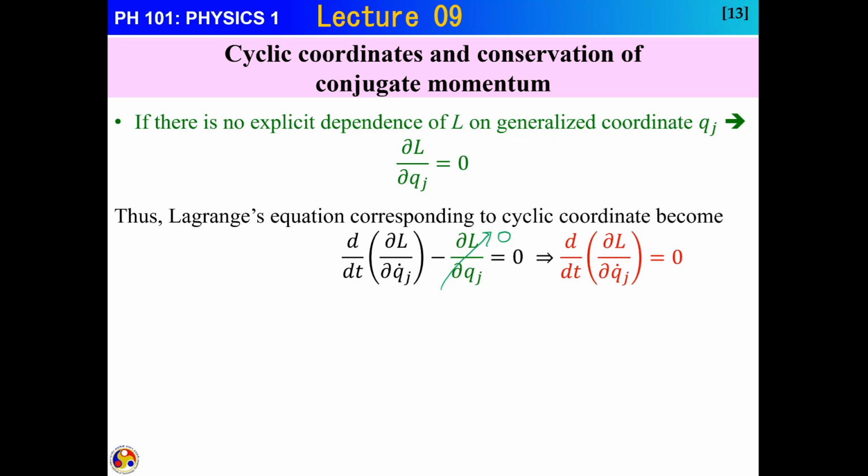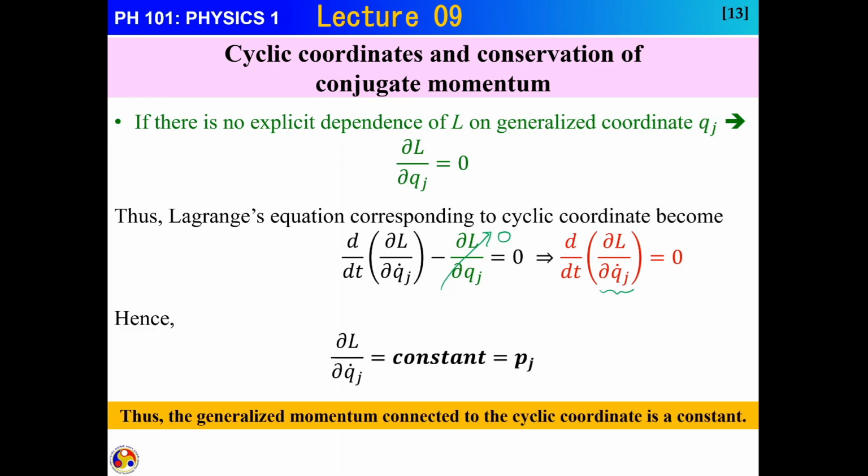And we know very well in mathematics, if any function's time derivative is 0, then this function is simply a constant. So can I say that the partial derivative of the Lagrangian with respect to the generalized velocity is constant, which means the generalized momentum connected to that cyclic coordinate is a constant. That's what these definitions straight away mean.